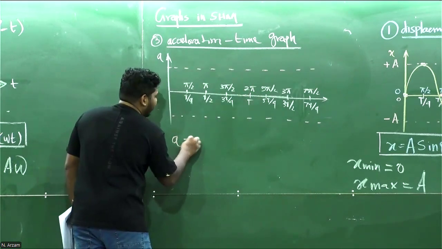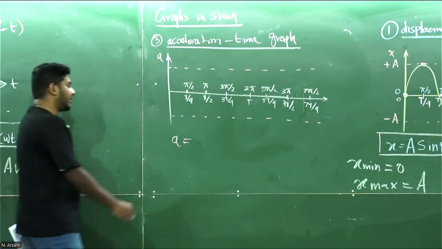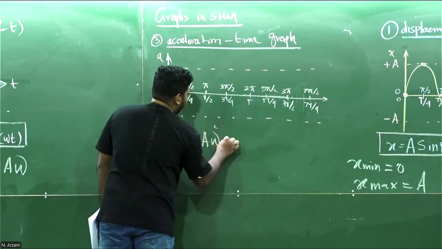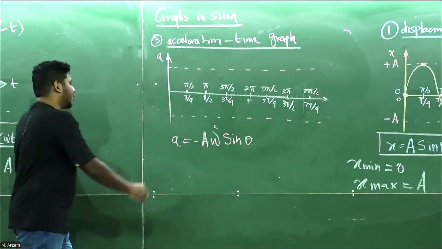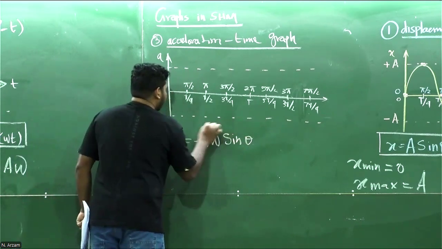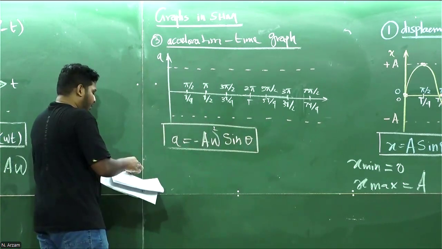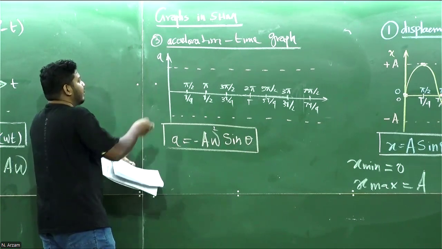We know that A is equal to, look at the board, guys. A is equal to what's the value? Minus A omega square sine theta. So this is the equation for the acceleration. Right. Let's mark the values.